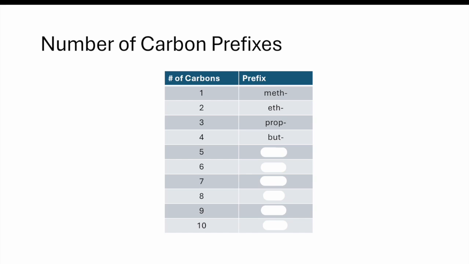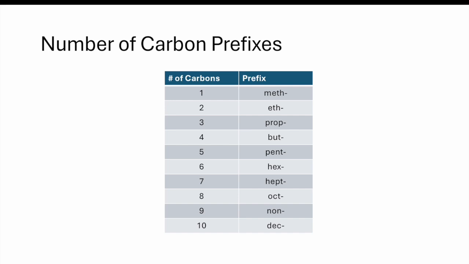These first 4 here are very unique to chemistry. After that, it follows, I think, Greek prefixes, what you've sort of heard of from your geometry course as well. 5 is pent, 6 is hex, 7 is hept, 8 is oct, 9 is non, and 10 is dec.